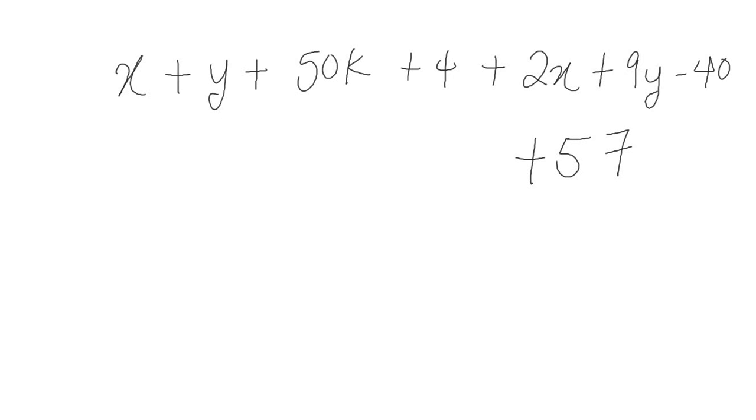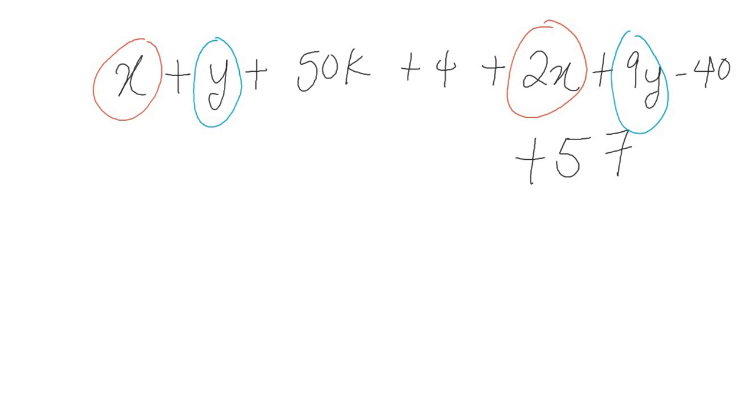If they tell you to add all of this, that is not how it works. You have to group the different unique terms. x and 2x are in one group. y and 9y are in one group. 50k by itself, and -40k, are in one group. And 4 plus 57 is in one group.